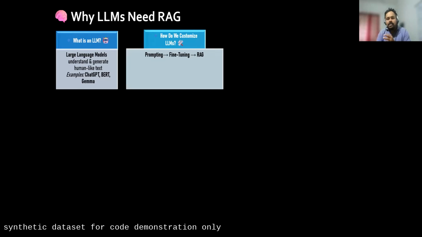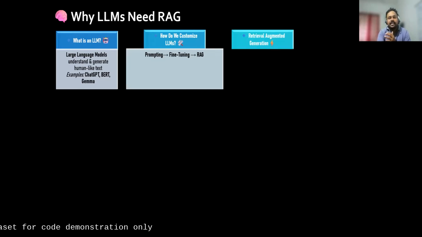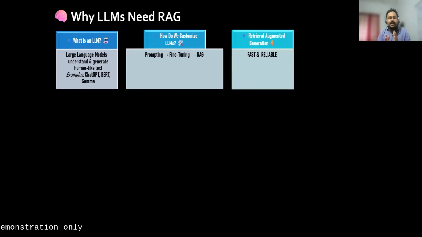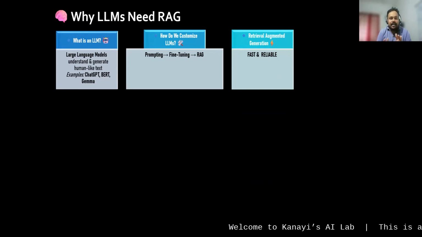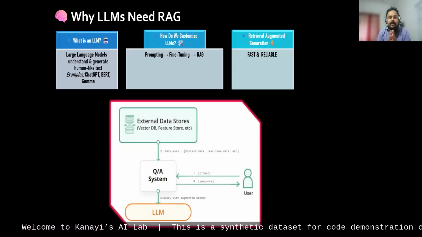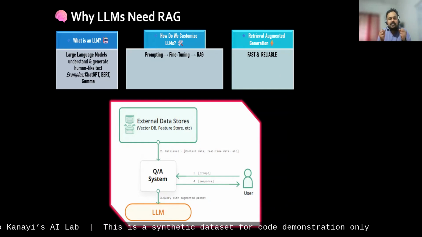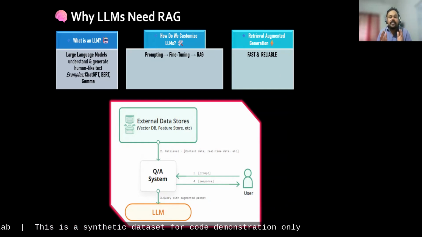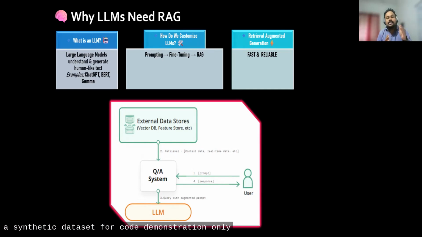The other method is Retrieval-Augmented Generation. Here comes the difference that makes beautiful applications like an LLM combined with RAG. So what exactly happens in RAG? RAG connects to an external document, and there are two steps. First, the system retrieves the relevant information from your external records, like a vector database.